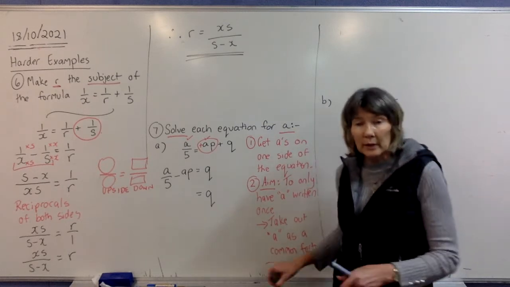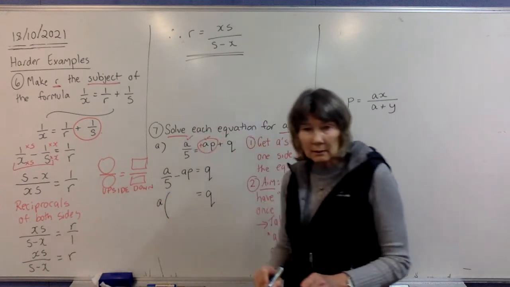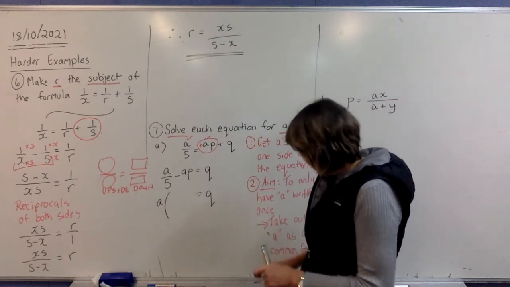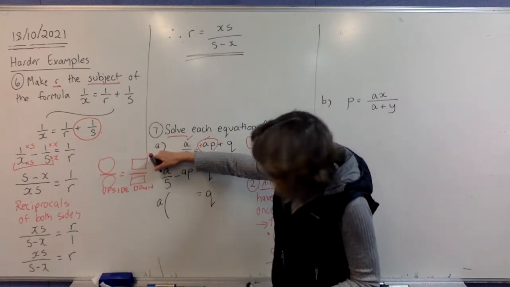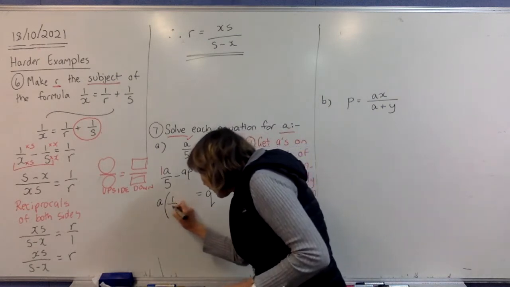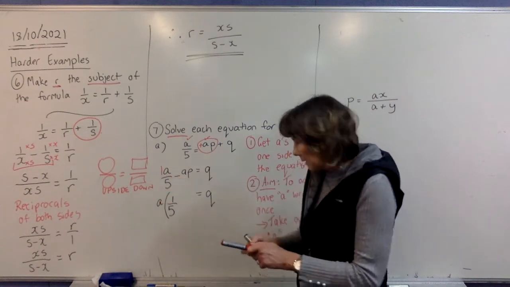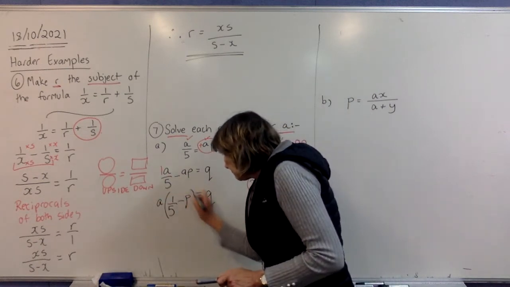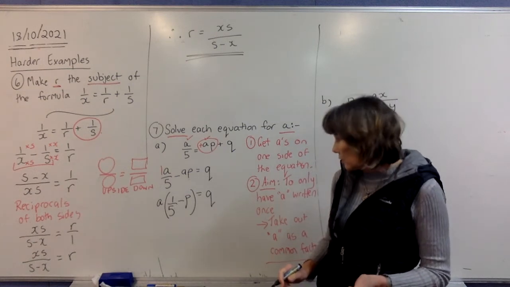Over here on the left-hand side, we're taking out the A as a common factor. Now, just be careful with this. If A comes out of there, we're not left with nothing on the top. There is a 1A there, remember? So we're going to have 1 over 5 left there. And then if we take the A out of this, we're going to be left with minus P. So now you can only see the A written once, which is what we want.